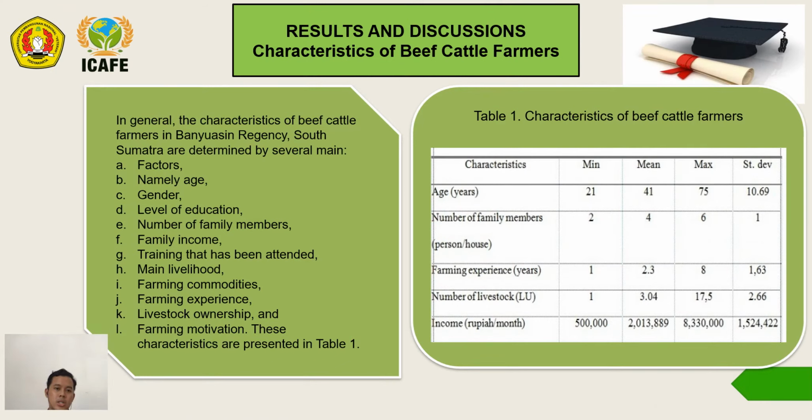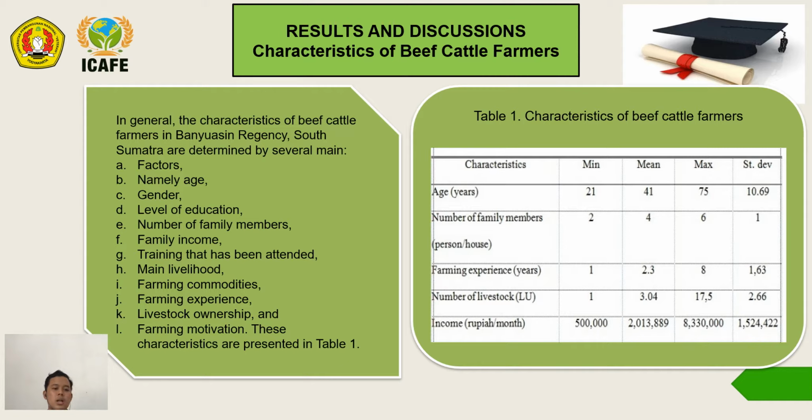Result and discussion. Characteristic of beef cattle farmers. In general, the characteristic of beef cattle farmers in Banyuasin, South Sumatra are determined by several main factors: age, gender, level of education, number of family members, family income, training that has been attained, main livelihood, farming commodities, farming experience, livestock ownership, and farming motivation.